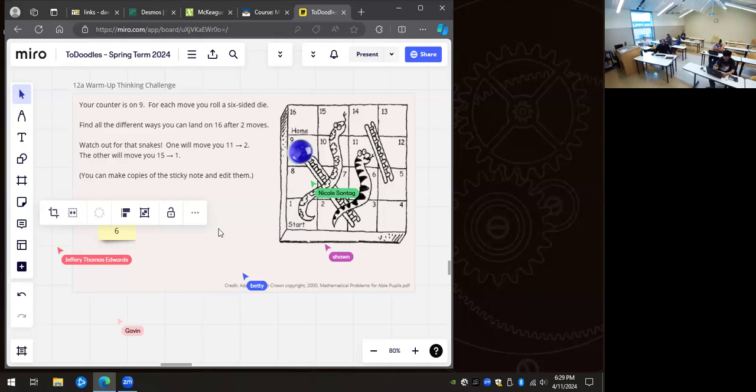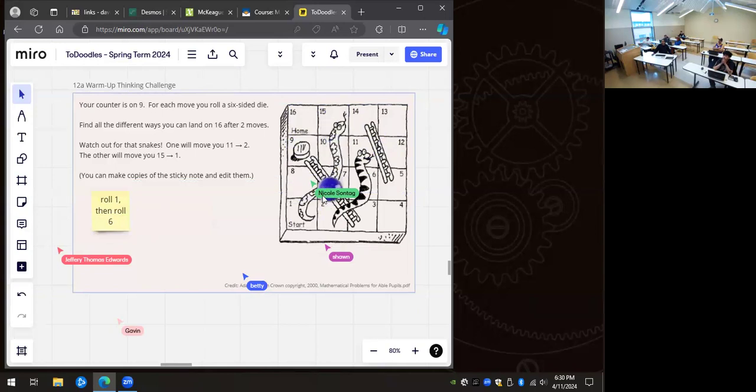One way to do it in 2 moves would be first to roll a 1. That's not a snake or a ladder, so our spot would just sit there. And then we could roll a 6, 1, 2, 3, 4, 5, 6, and get there. If you haven't played snakes and ladders, if you land on a snake's mouth, the snake eats you and you go back down to the tail of the snake.